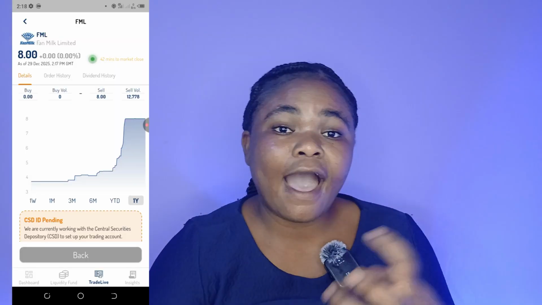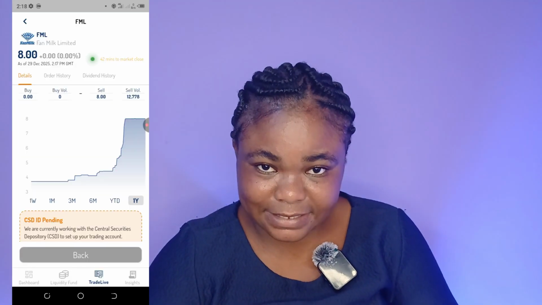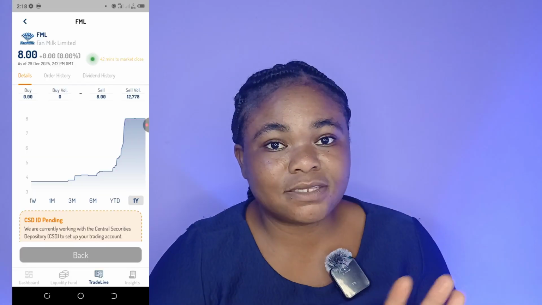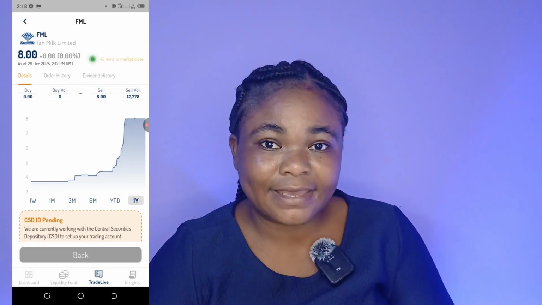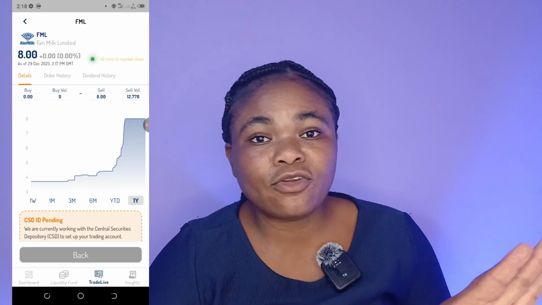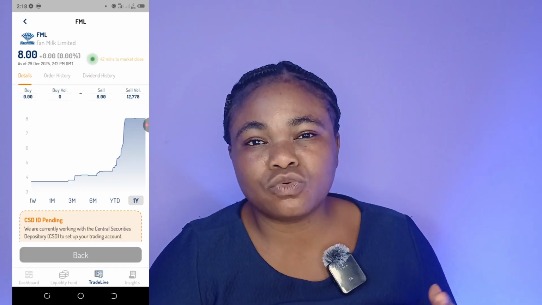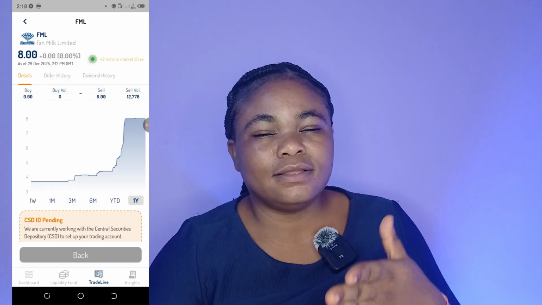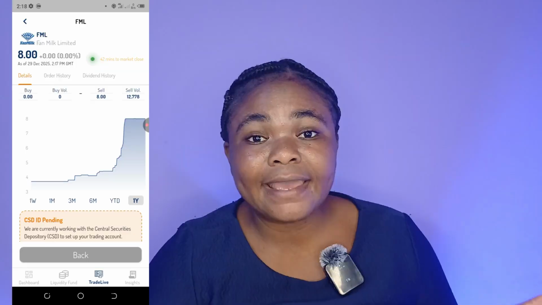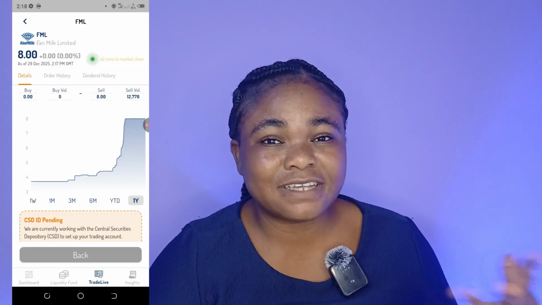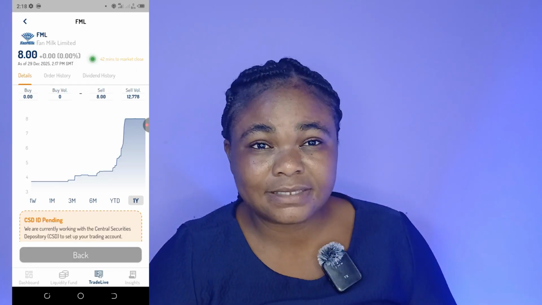Because those who have the stock want to sell it at 8 Ghana cedis, but no one has come to buy the stock. No one has given the price they want to buy the stock at. That's why the buy price is 0.00. No one has predicted that they will buy this stock at maybe 7 cedis or 6 cedis. No one has done that.